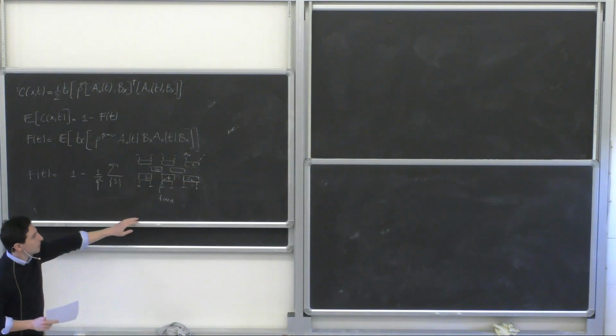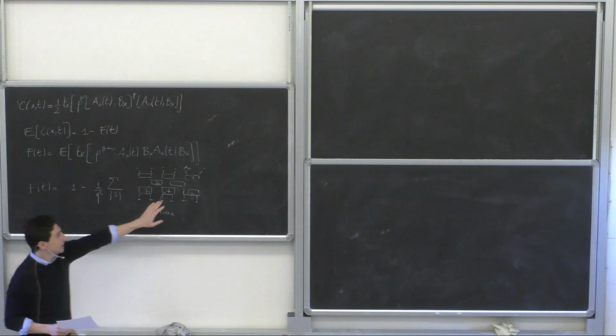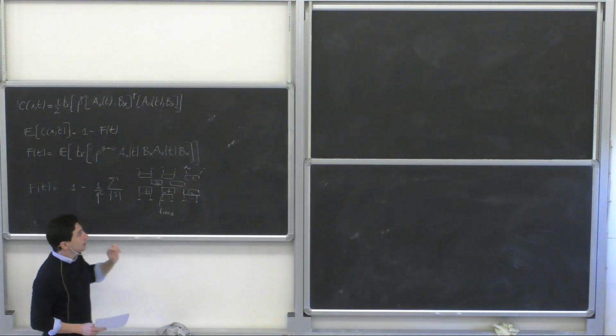The way we show this is very simple. In principle, this is sum over all the possible configurations, so here we should sum over the plus and the minus. But suppose that this is minus.